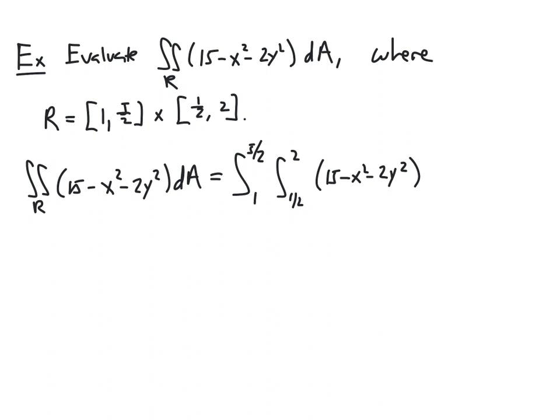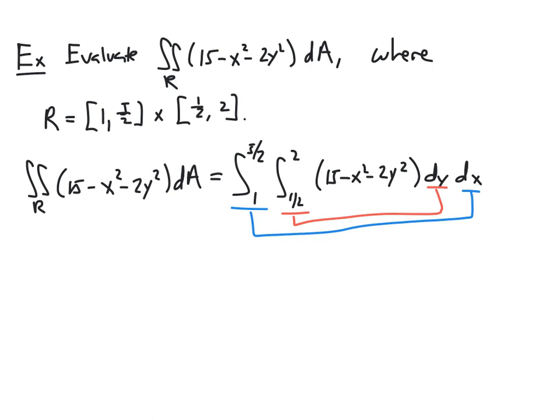So 1/2 to 2, the innermost integral, corresponds to values of y. And so that means I want to integrate with y's first and then x, so I want dy dx. Just to be very clear about this, this integral needs to correspond with this differential, and this integral here needs to correspond with this differential. So whichever order we do, we need to make sure the integrals and the differentials are in the right place.